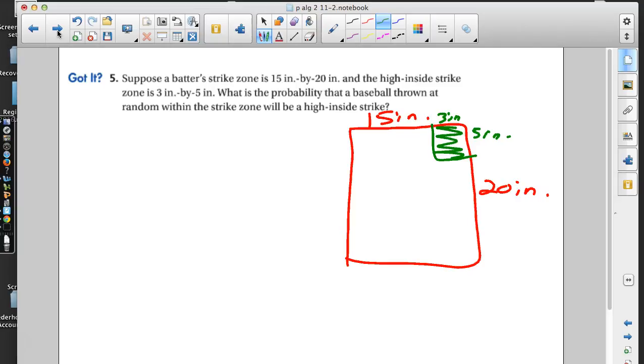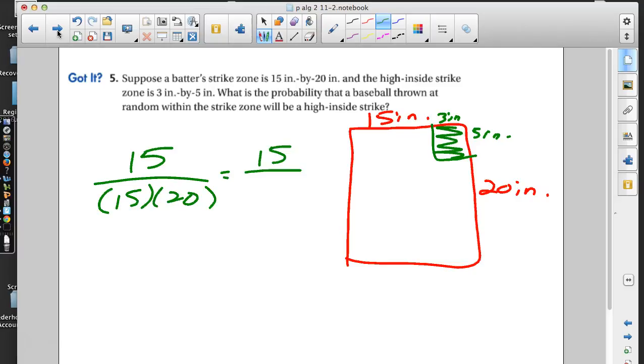Maybe I do need to have you write this whole problem down. 5 times 3, 3 times 5. In the end, it's going to be 15. What do you put on the bottom? 15 times 20. Well, that'll be 15. And down here, what's 15 times 20?